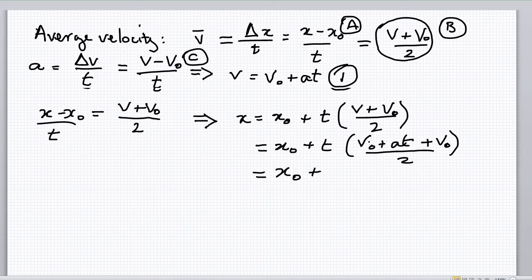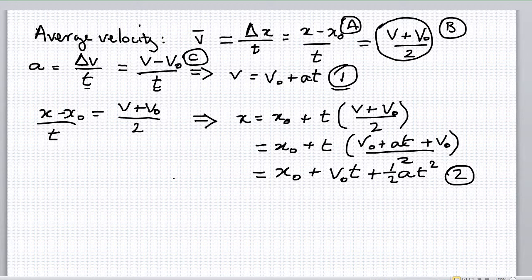So that becomes, if I multiply this out, just 1 v naught times t. And now I've got 1/2 of at left times t, which is a half at squared. And that's our second kinematics equation.